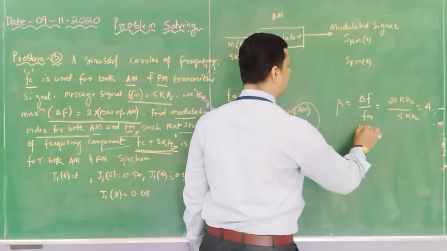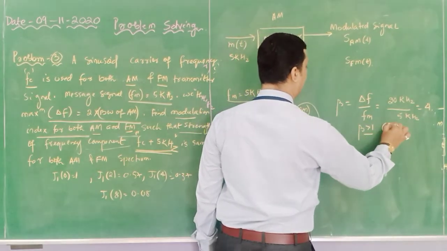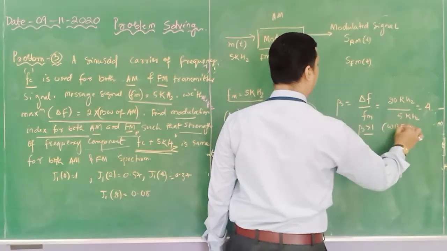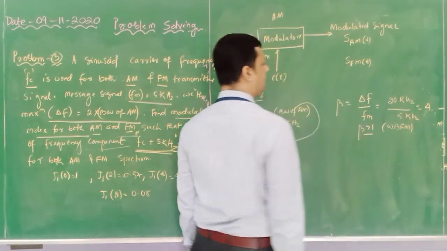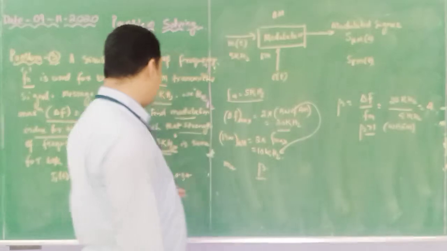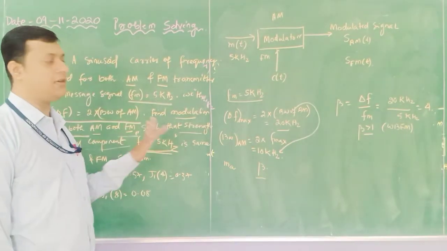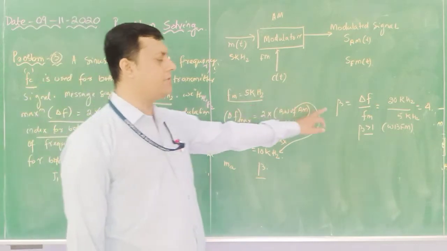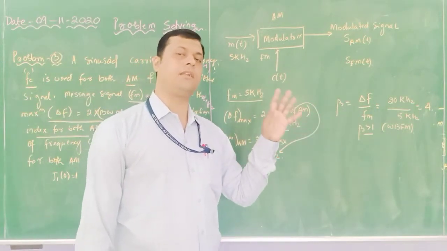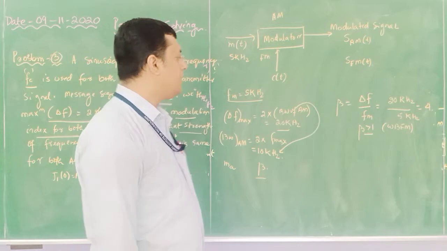So beta is greater than 1 and the FM signal is a WBFM signal. For this reason, these Bessel function coefficients are given, because beta is greater than 1, so the Bessel function comes into the picture.